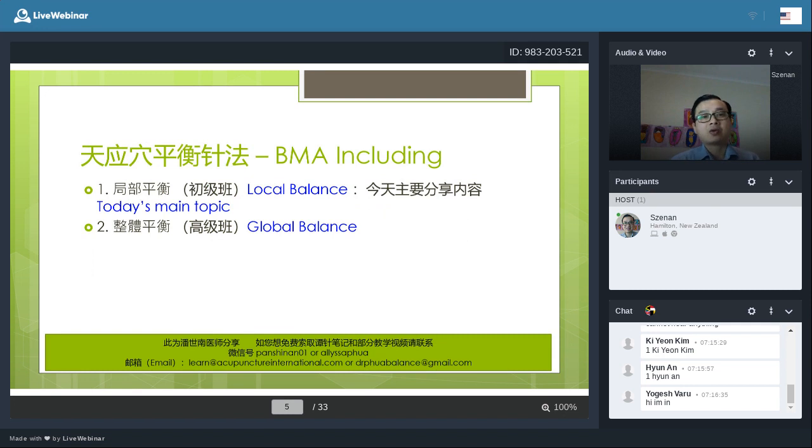So here you go. There's local balance and global balance. What are the differences between them? Balance Method Acupuncture includes local balance and global balance. Today's topic, we're going to focus on local balance. What's local balance? Local balance means it treats symptoms that are in one place, which means if it's in the shoulder, nothing else, just in the shoulder, that's local balance.